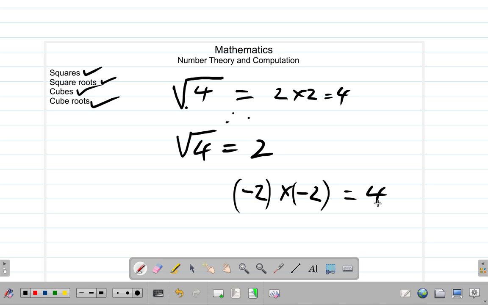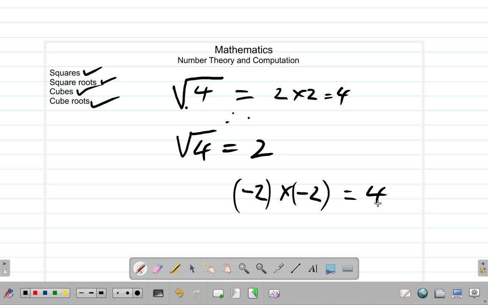But hold on there. Remember, the square root of 4 is one number. When you put 2 of them and multiply them, you get 4. You do it with 2, but what's going on is that negative 2 is a square root of 4 too.